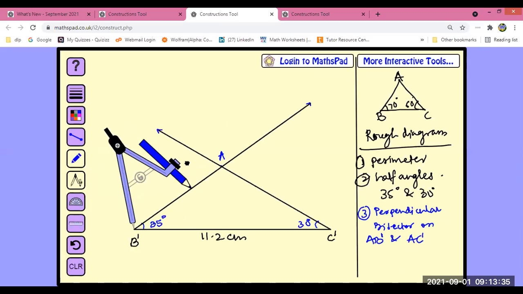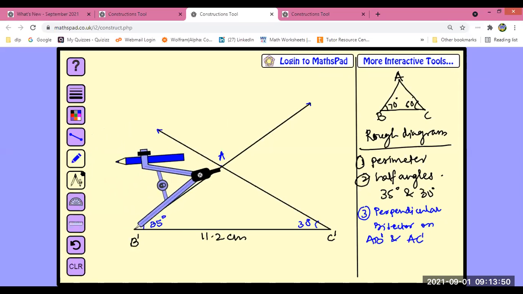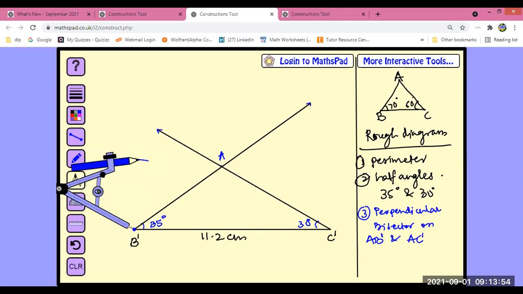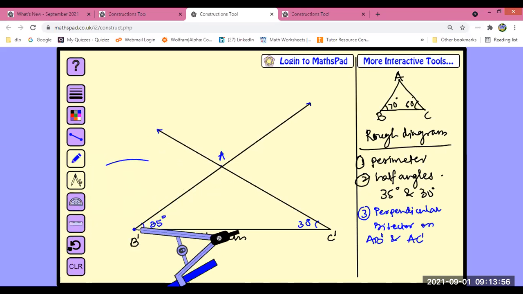Take a distance more than half, okay? And without changing the distance, we have to draw 4 arcs. So keep the steel point on B dash and now draw 2 arcs on each side. Like this.